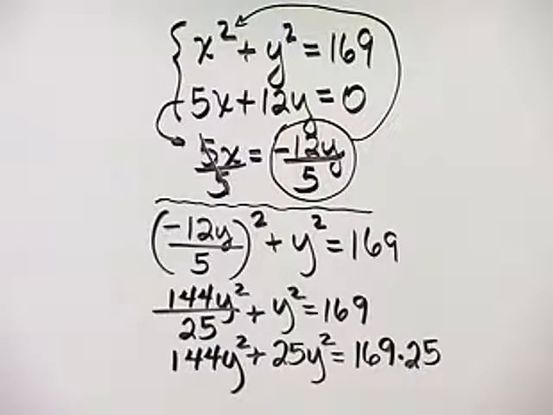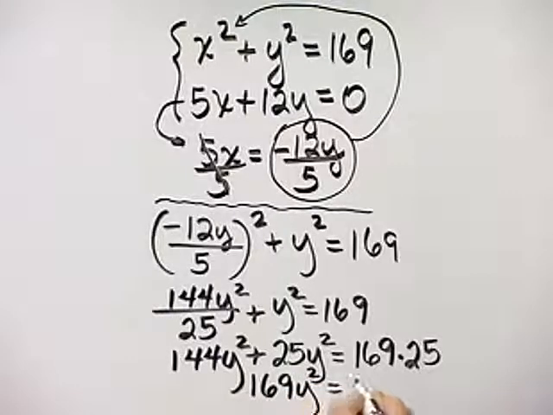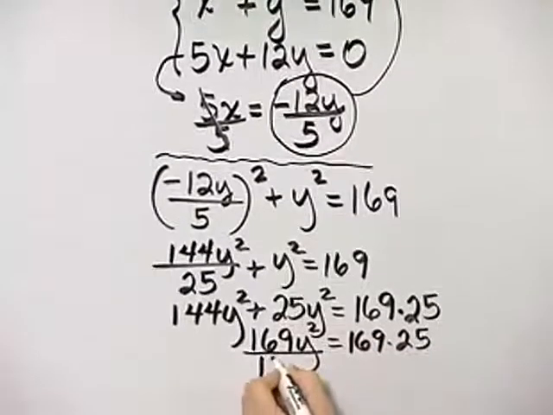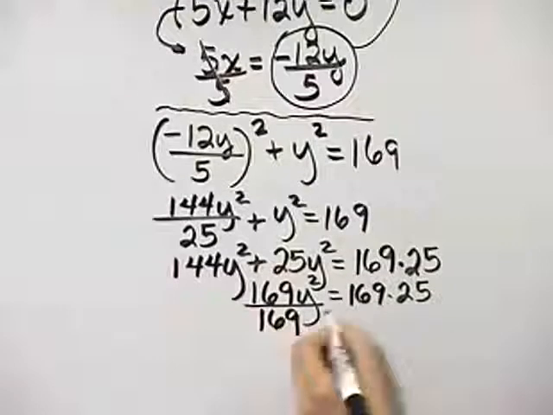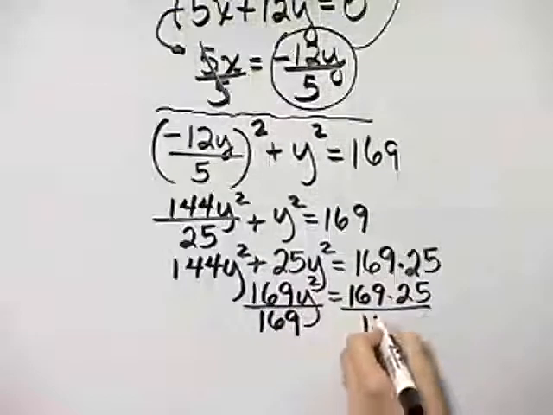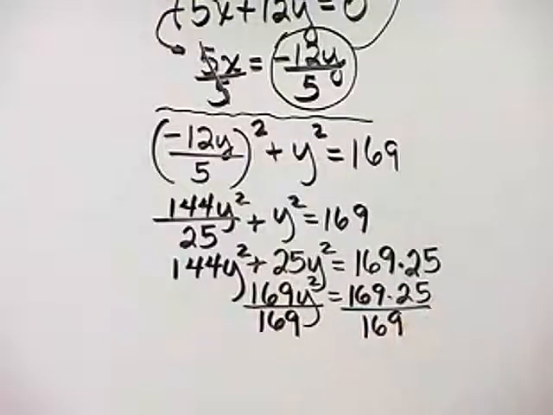Now notice we do have an equation in y only. 144y squared plus 25y squared is 169y squared, and that is whatever 169 times 25 is. And then to finish, we divide both sides by the coefficient of y squared, which is 169.